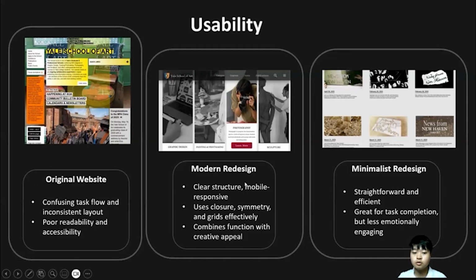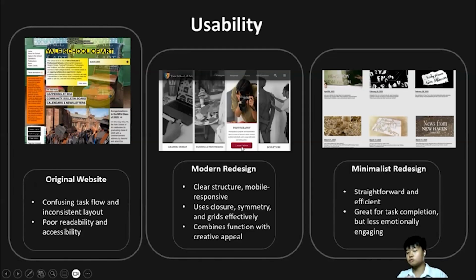we have also solved this issue because we have a clear structure and mobile responsiveness, and we use closure, symmetry, and the grids effectively. So we also combine function and creative appeal. When the mouse moves to the rectangle here, the black and white screen will turn colorful, and the description and a learn more interactive button will come out.